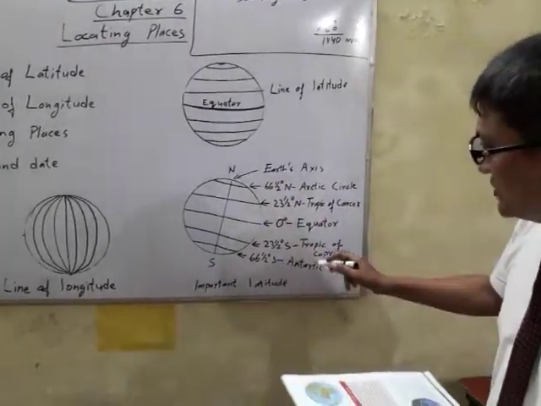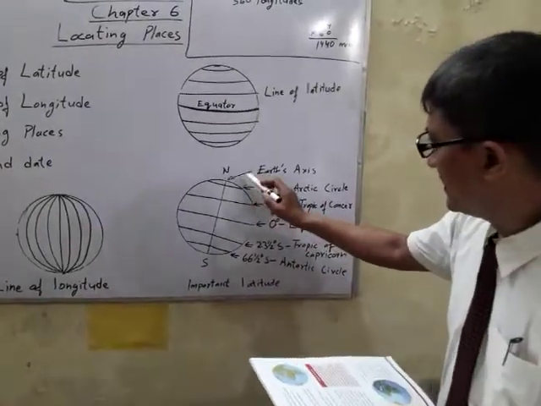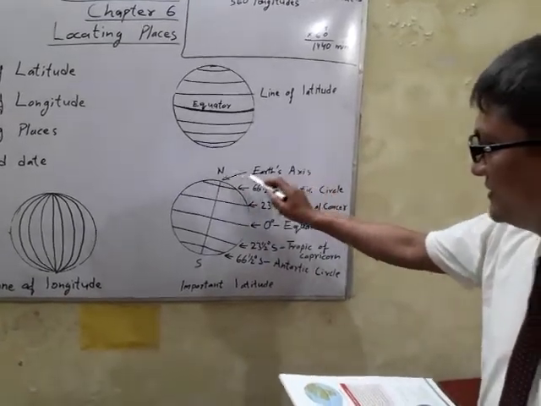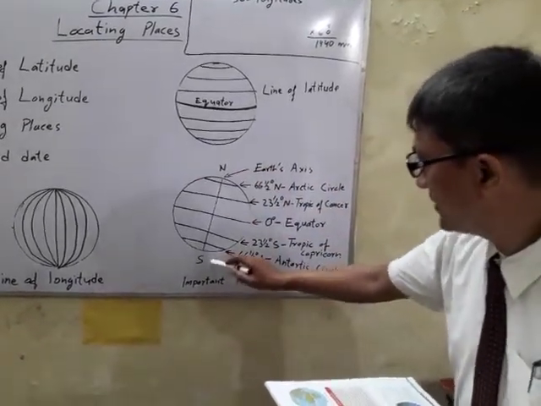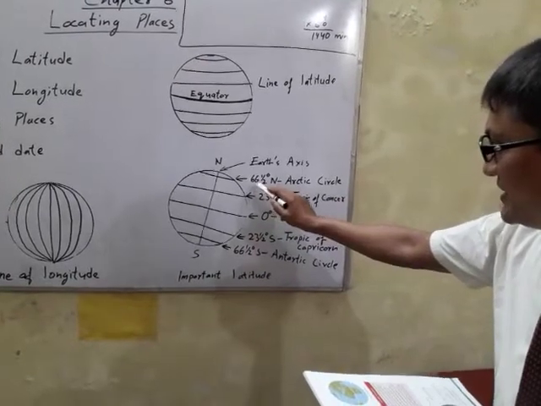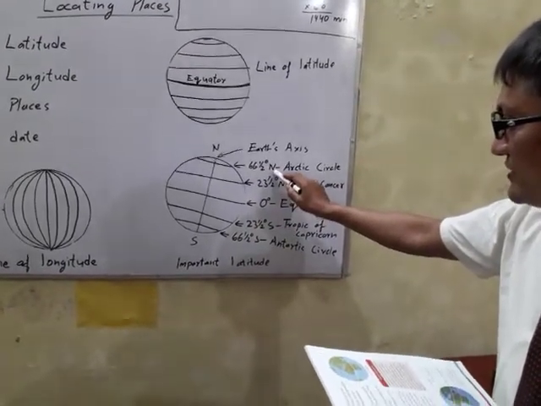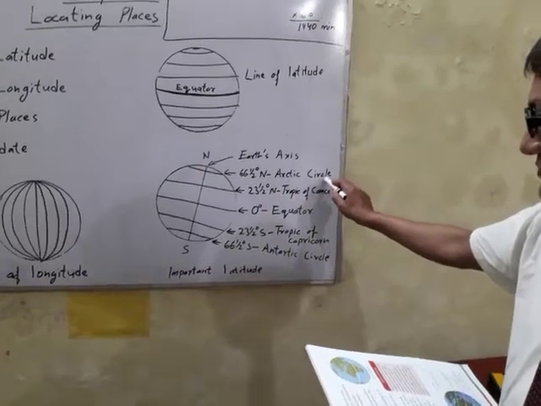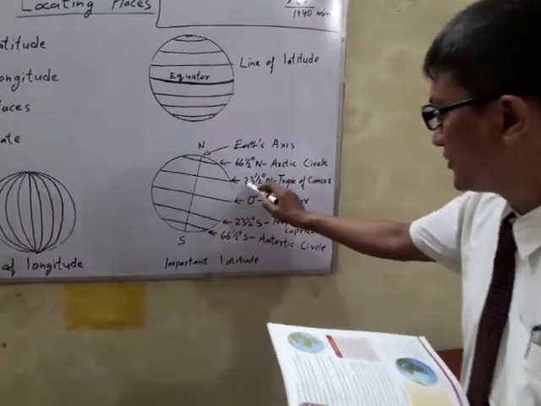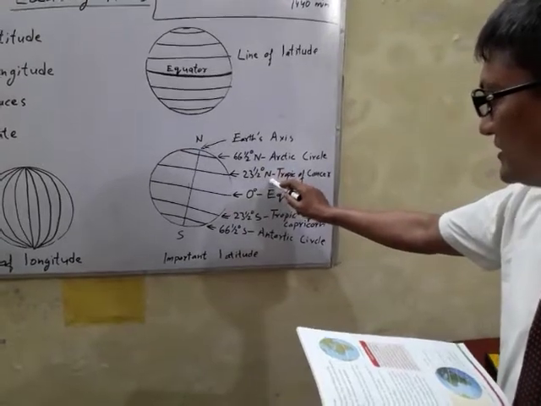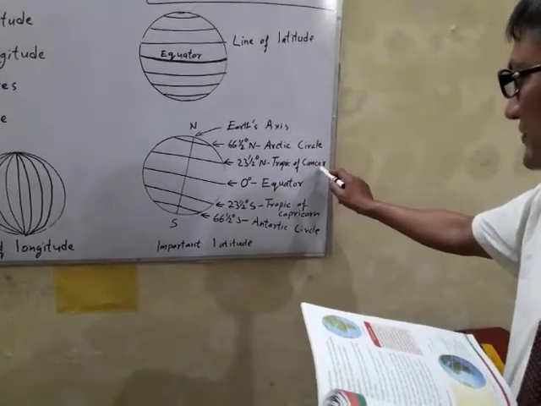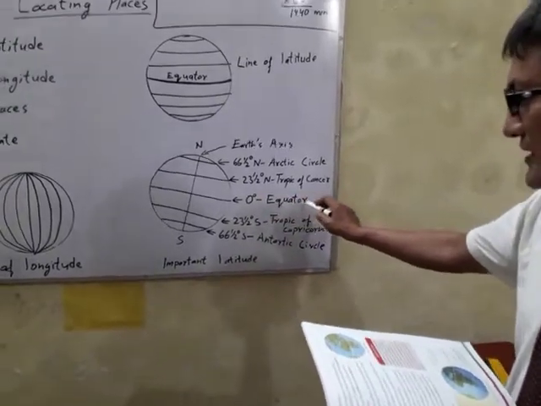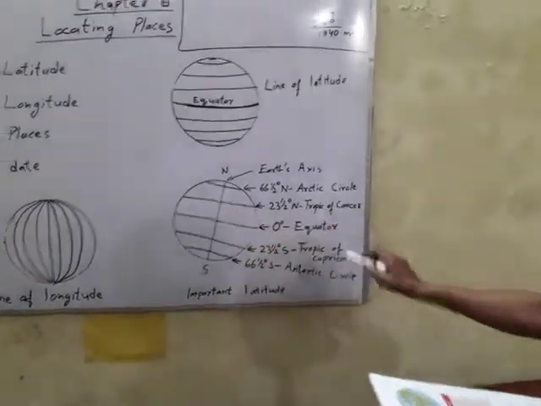The important latitudes are: this dot is called the earth axis, north pole and south pole. 66.5 degrees north is known as the Arctic Circle and 23.5 degrees north is called the Tropic of Cancer. 0 degrees means the equator.